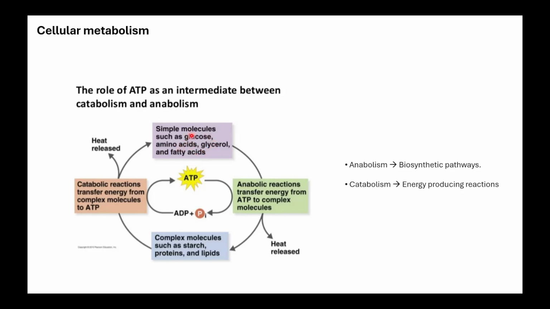These simple molecules can again be used as reactants for anabolic reactions, which transfer energy from ATP to complex molecules. Again, heat can be released, thereby forming complex molecules like starch, proteins, and lipids. Okay.